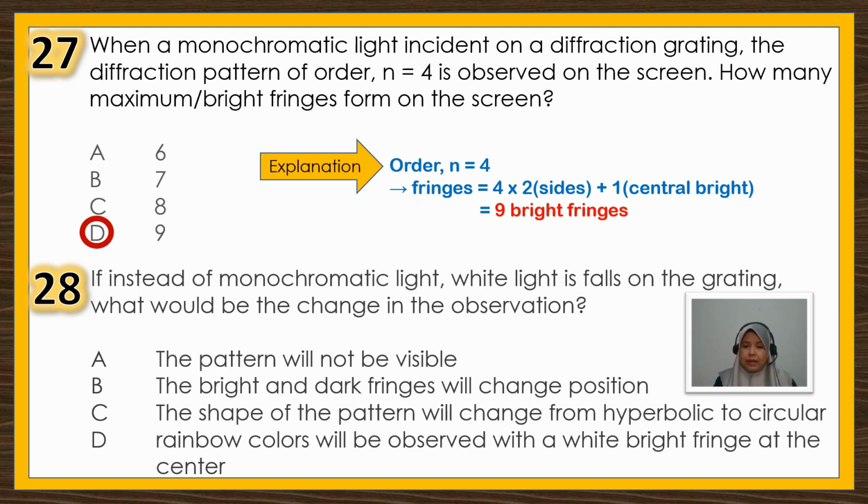We will observe rainbow colors, and at the center a white bright fringe is still produced. So, that's all for the discussion of the objective questions from topic 8, which is about physical optics.